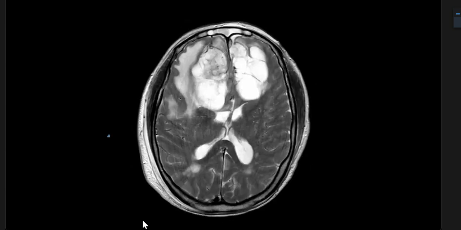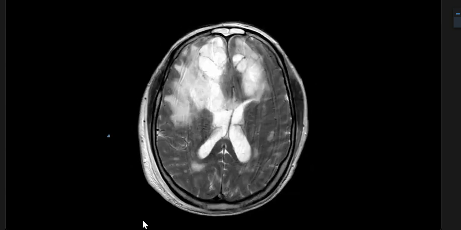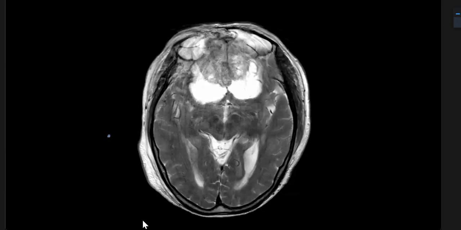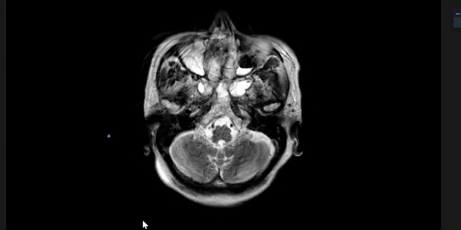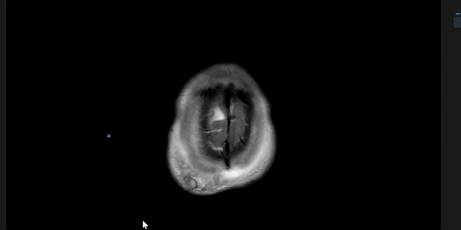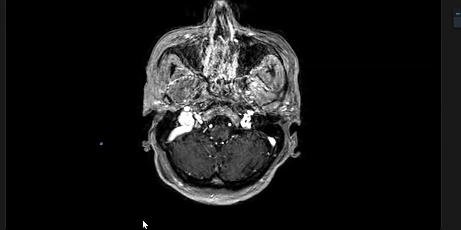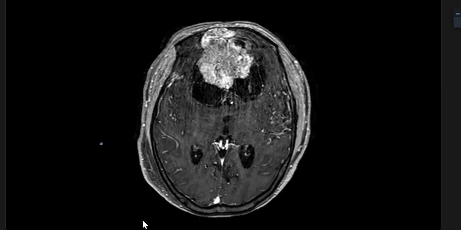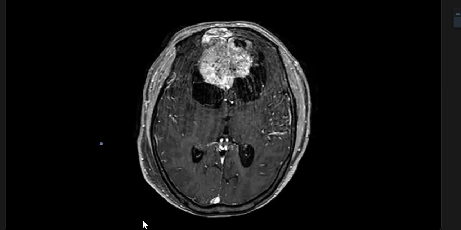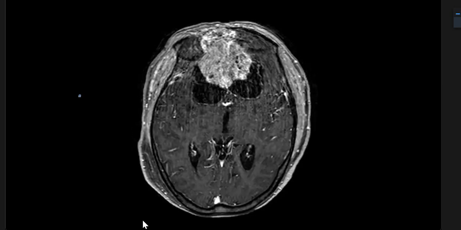Anyway, I think now that the lesion is mainly from the nasal cavity and paranasal sinuses, and it's invading the brain with destruction of the bone, rather than a primary brain lesion. But I will keep this in my differential.